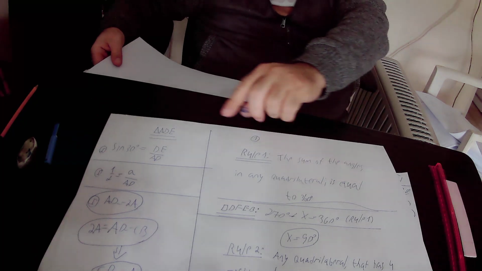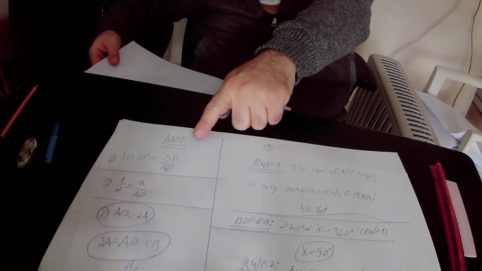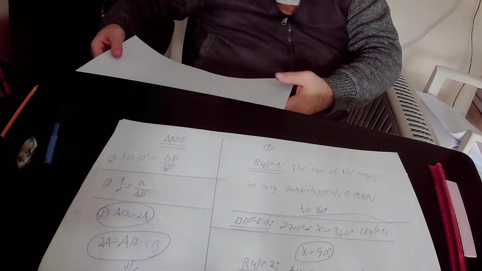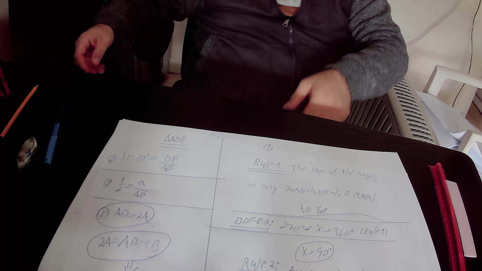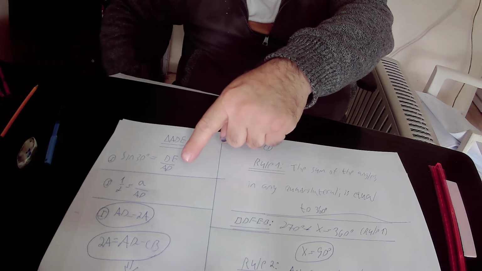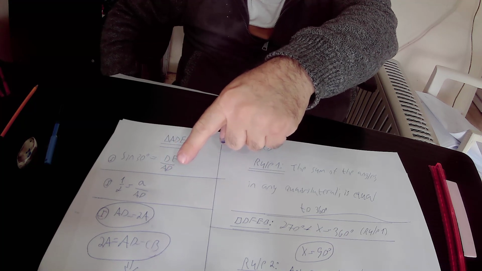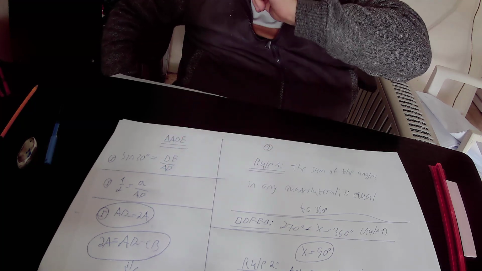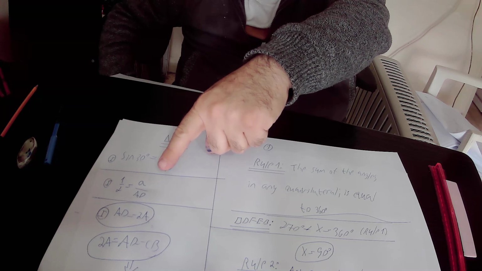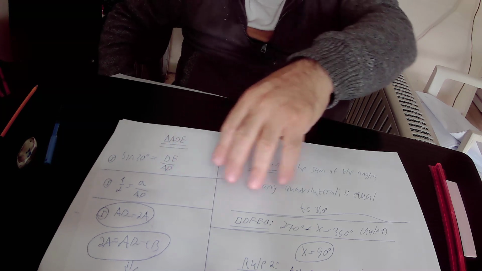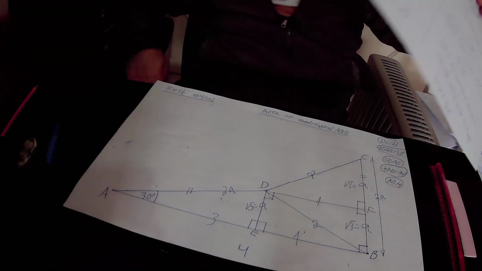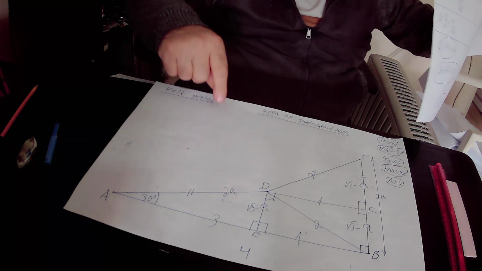In the right triangle ADE, sine 30 degrees equals DE over AD. And we know that sine 30 degrees is 1 over 2. DE equals A according to our definition, so it is A over AD. We cross multiply the equation number 1, and we found out that AD equals 2A, so we can write here that AD equals 2A.